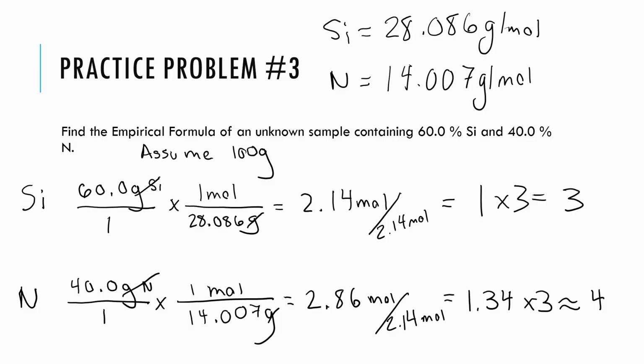If we get a number that's close to 1.33, we'll multiply by 3. If we get something close to 1.5, we'd multiply by 2. 1.25, we'd multiply by 4. We're trying to multiply both of them to get them to both be whole numbers. In this case, this empirical formula is a little bit different. This one's Si3N4.